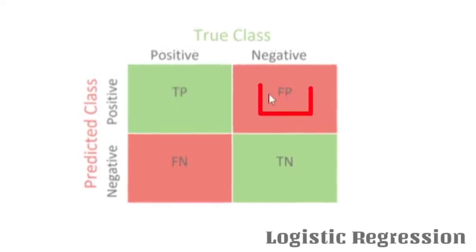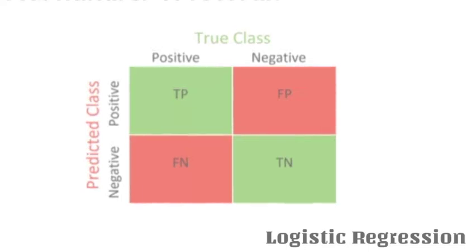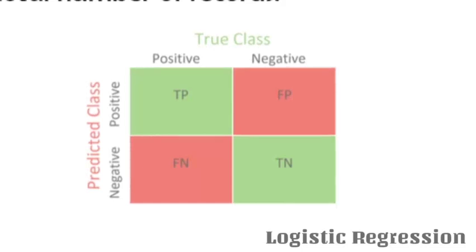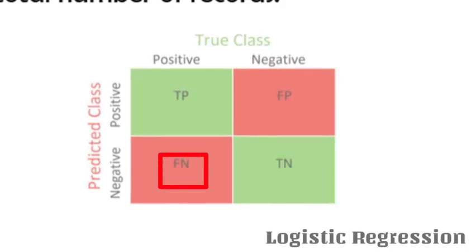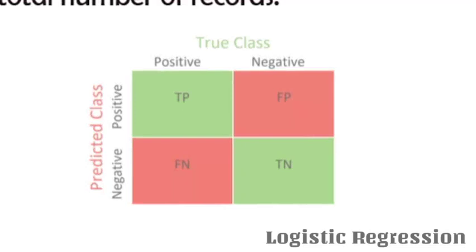False positive, as I mentioned before, is where a negative is predicted as positive. False negative is just the opposite: we are predicting a positive value as negative. And the last one, true negative, is again correct.